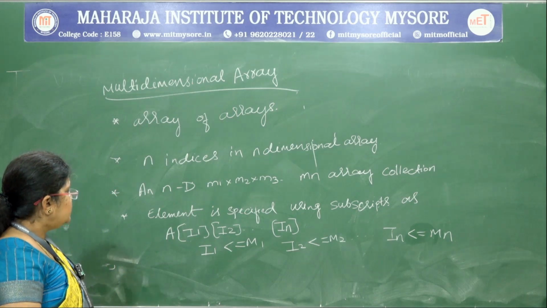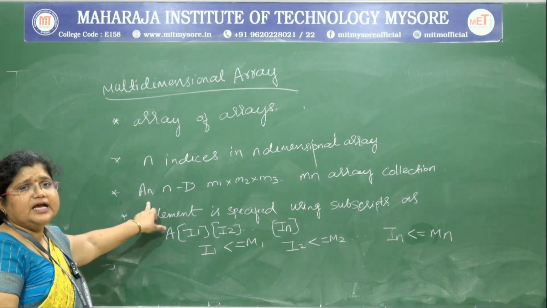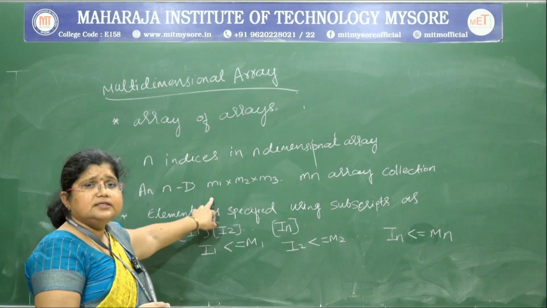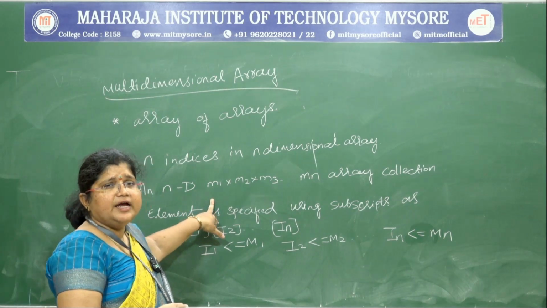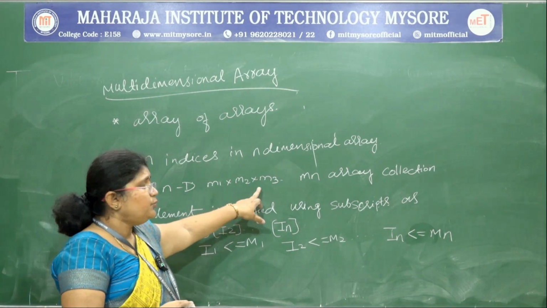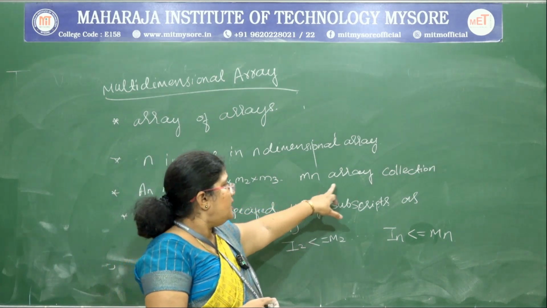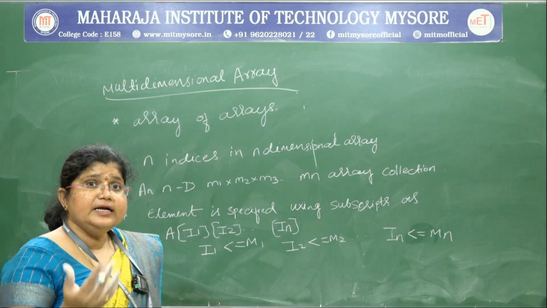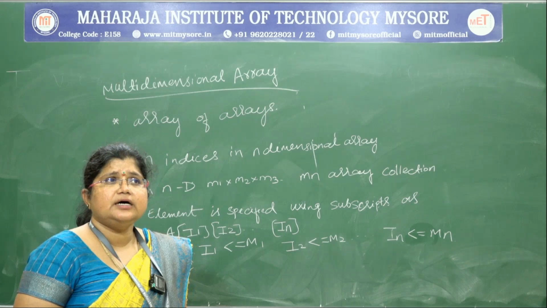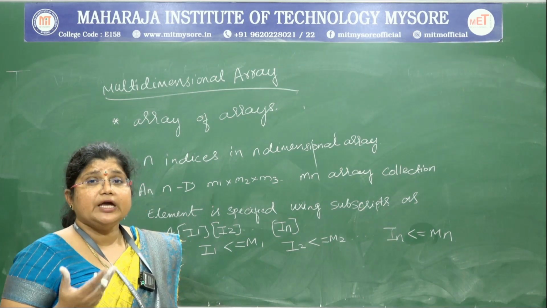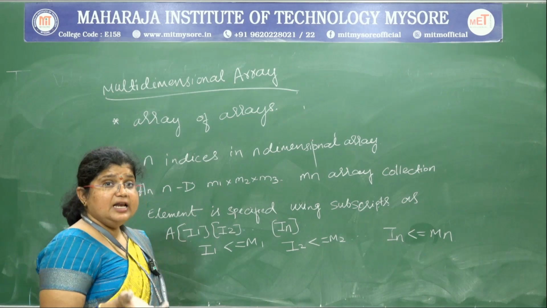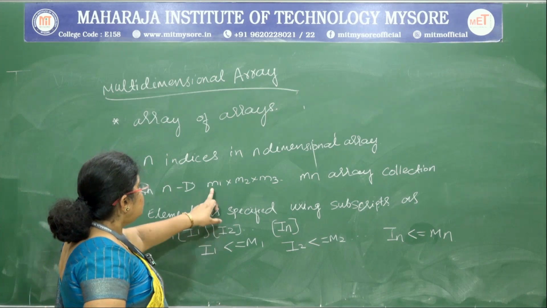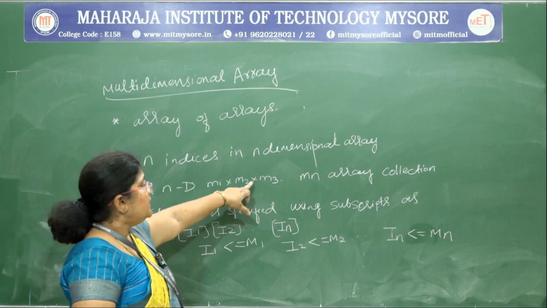The n number of indices will be represented as an n-dimensional array, where it contains matrices with n dimensions m1, m2, m3, and it goes on to mn array collections. So, we can have an n-dimensional array if it represents n dimensions. So we can have data elements m1 into m2, m2 into m3.